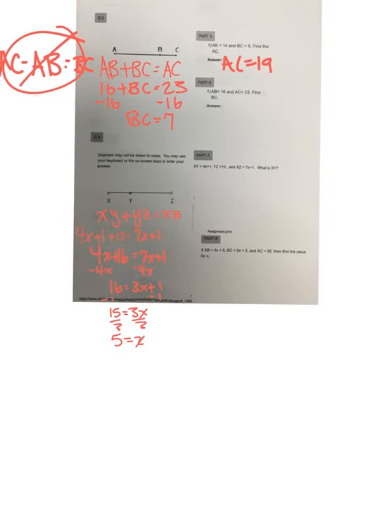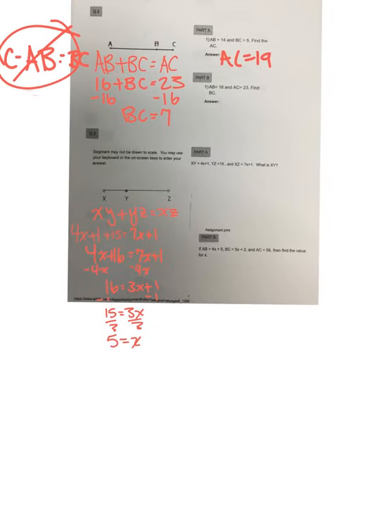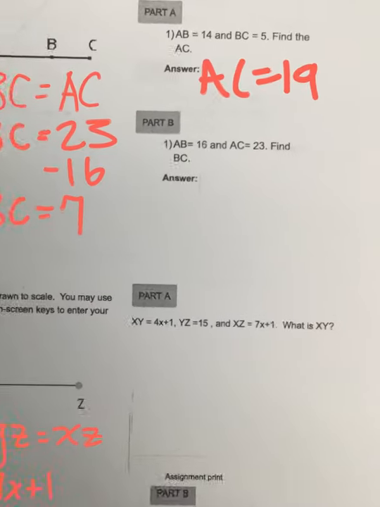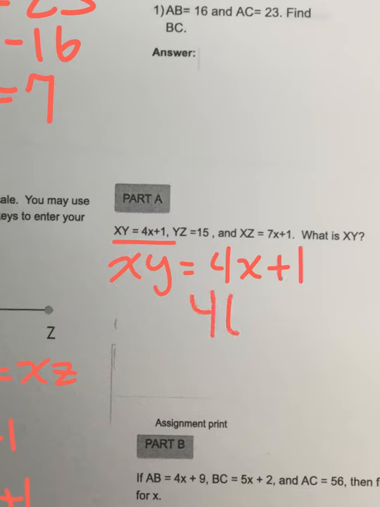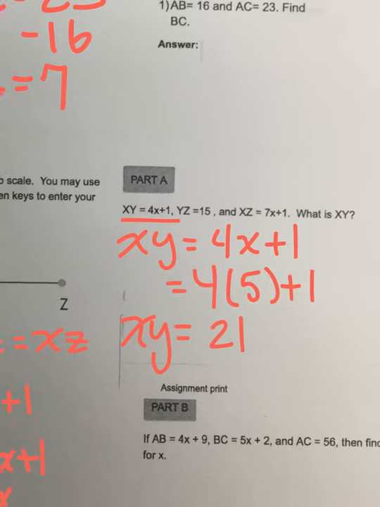All right. I know x, but it asked me in the problem to find XY, right? Was this the one you had a question about? So it tells me here that XY equals 4x plus 1. Now that I know x, I'm going to plug in 5 for x. And I see that XY equals 21.